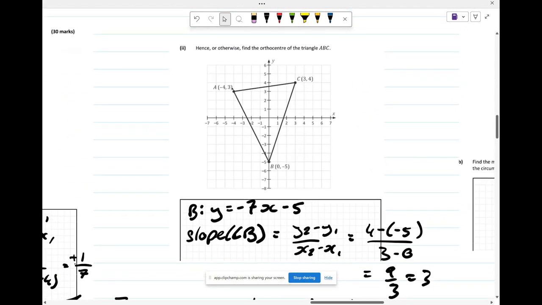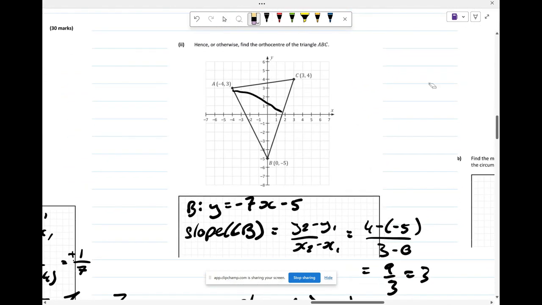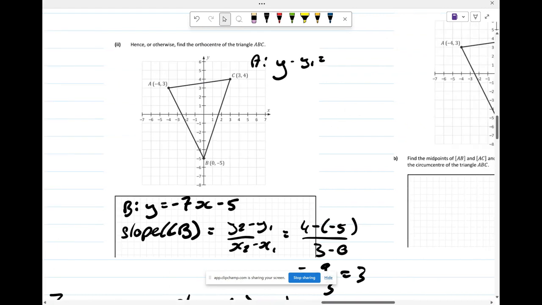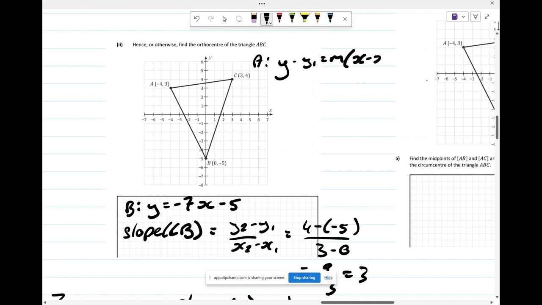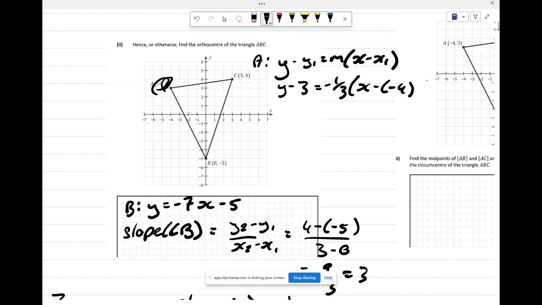So we have our slope of this line and we have our point. So now we can make our equation. So the equation of A is going to be y minus y1 equals m times x minus x1. That's going to be y minus 3, our slope is minus 1/3, and x minus x1 here is minus minus 4.